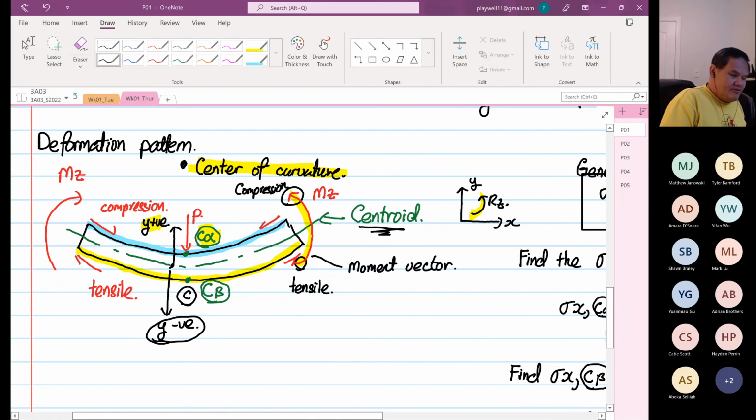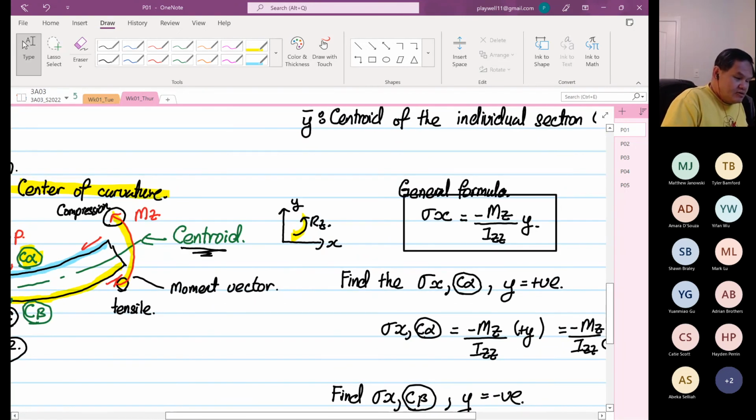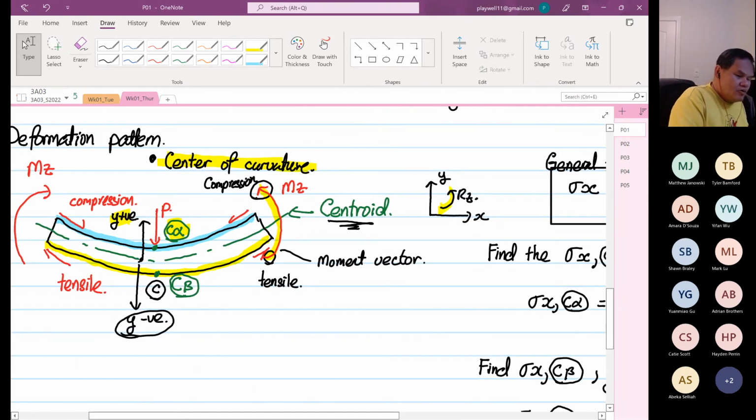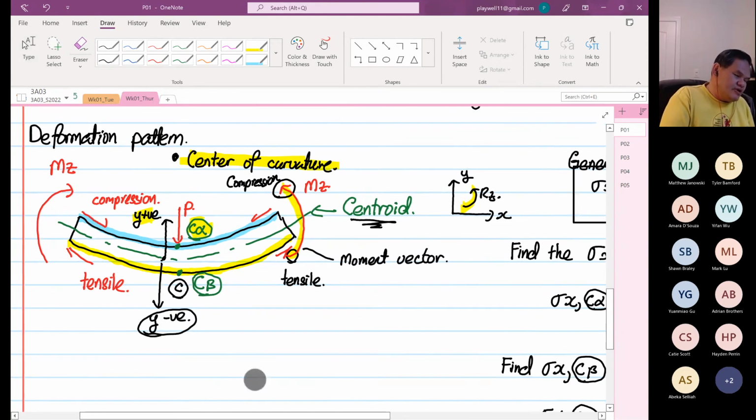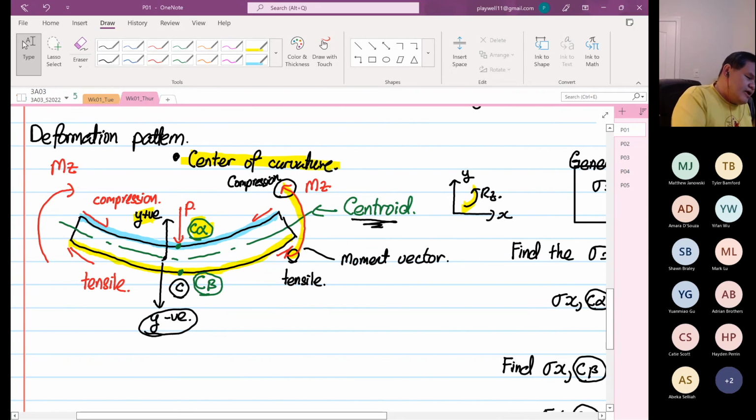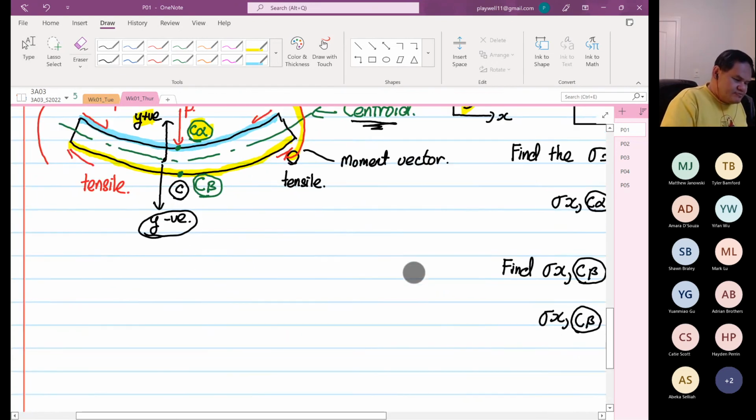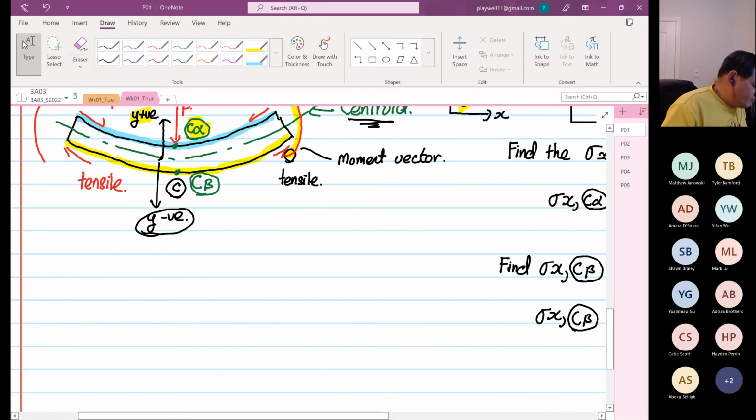If you forget about the formula, it's fine. All you need to know is how to draw the moment vector based on the deformation, and you can see the head of the moment vector is always under compression, the tail end is under tensile. Let me give you another quick example to prove the hypothesis.